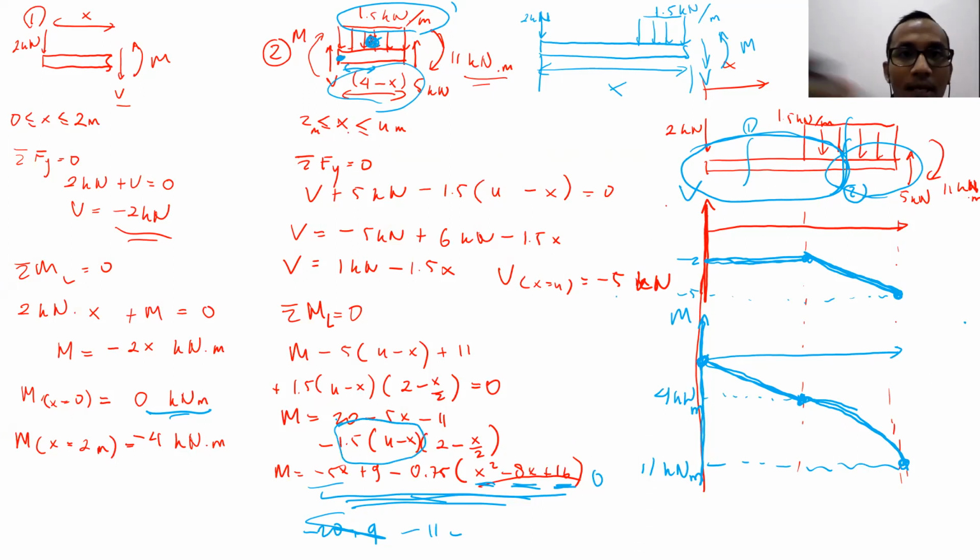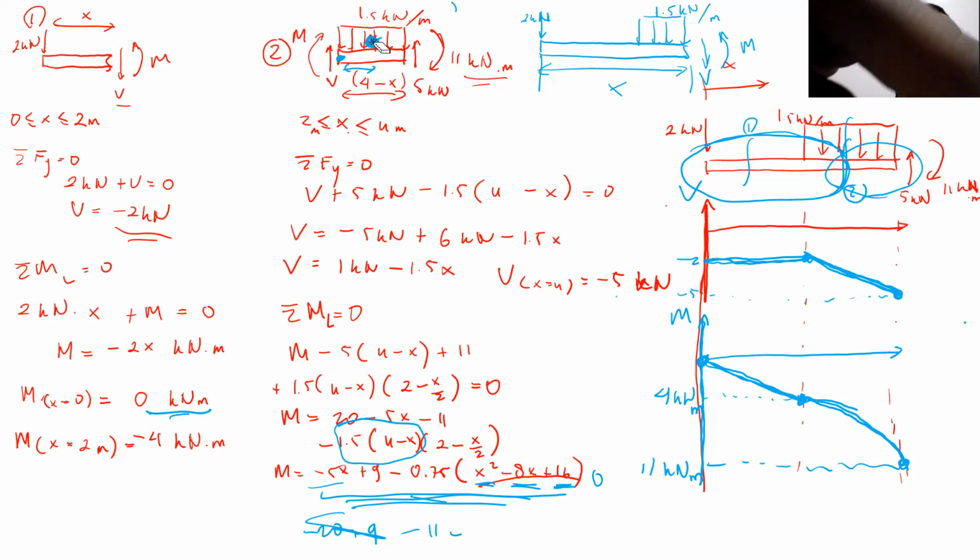Yes. Okay, then the centroid is here, exactly in the middle. So I can replace the distributed load with a concentrated force at the centroid. The concentrated force there is supposed to be 1.5 multiplied by 4 minus x, correct, right?